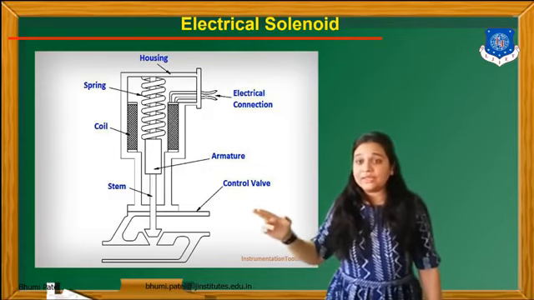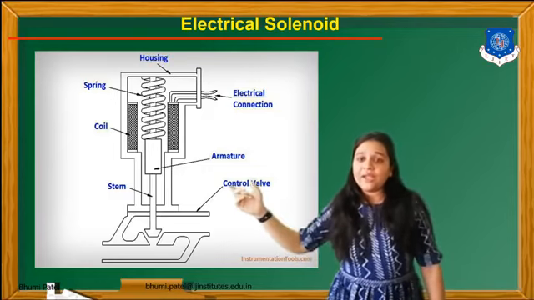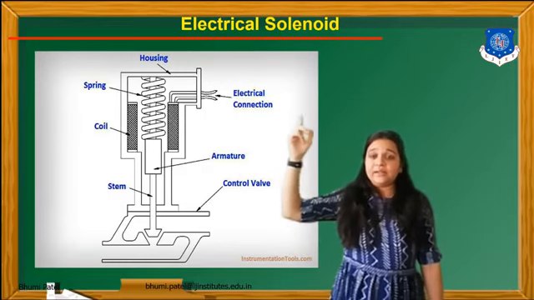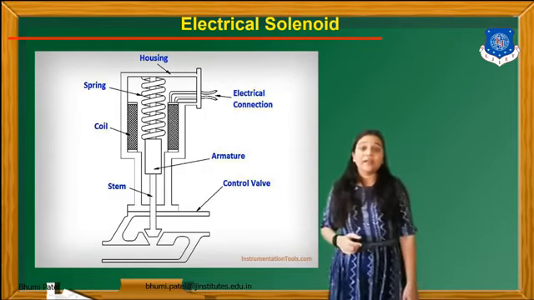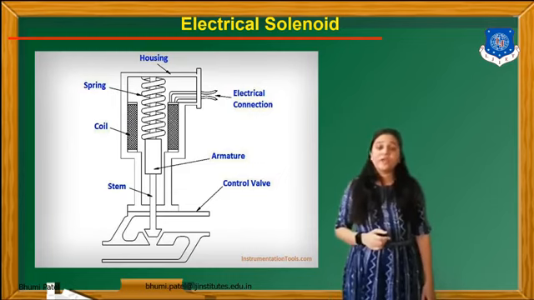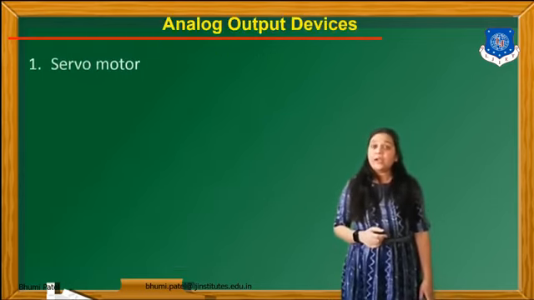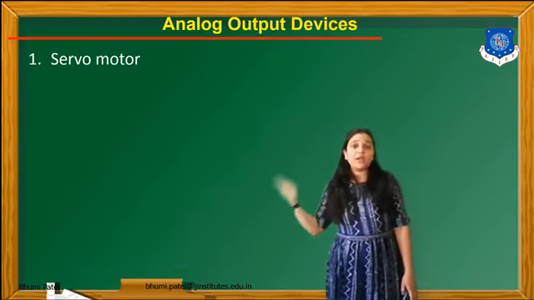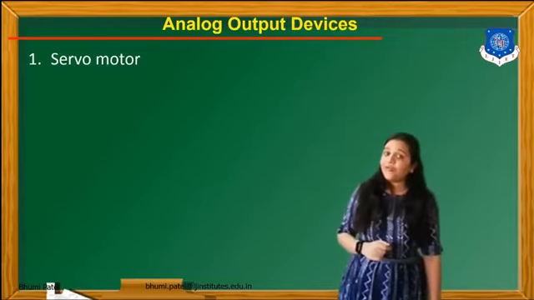Here you can see that with this spring the coil is connected, and with the coil the electrical connection is there. So we can connect the electrical solenoid with the output device. Now this is all about the on off output device.